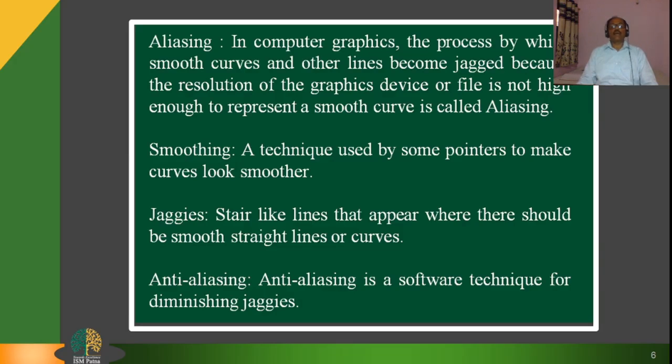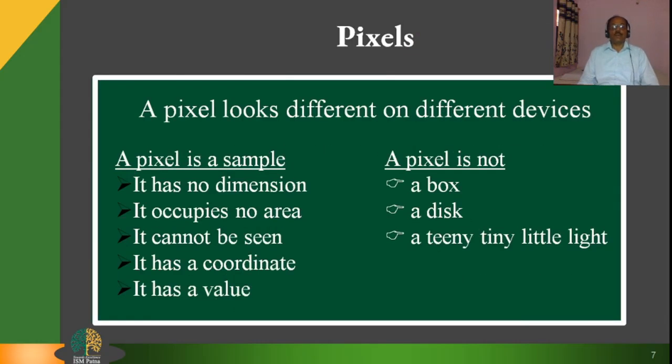So, let us look at pixels, which are teeny dots and look different on different devices. We may say that a pixel is a sample which has no dimension, does not occupy any area, and cannot even be seen, but it has a coordinate with a value.